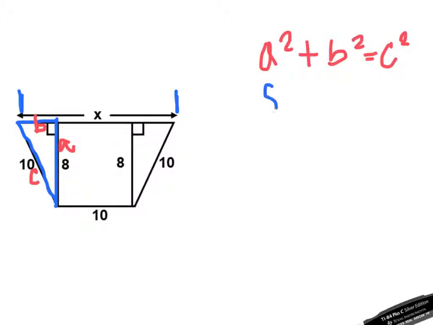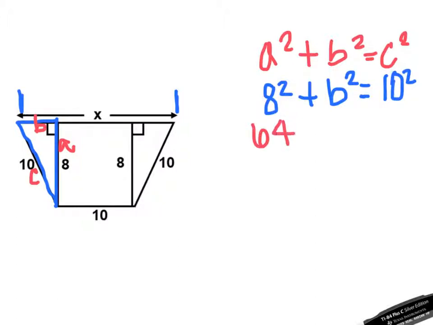A is 8 squared plus b squared equals 10 squared. Eight squared is 64 plus b squared equals 100, which is 10 squared. We can subtract 64 from each side.